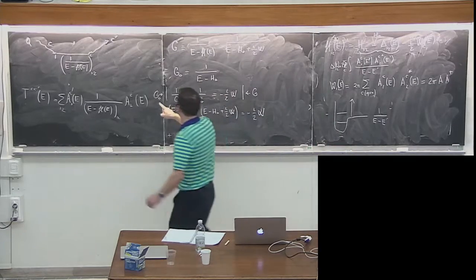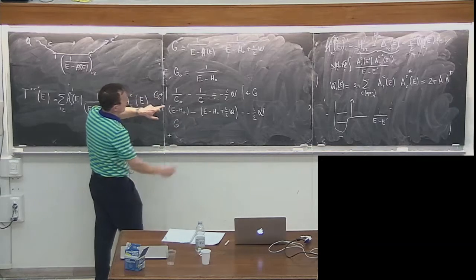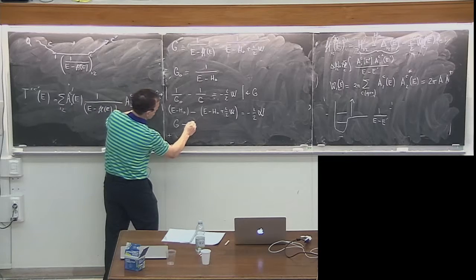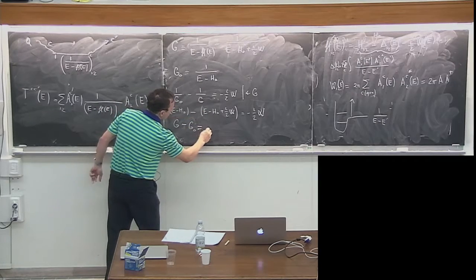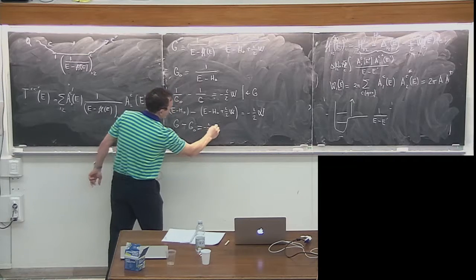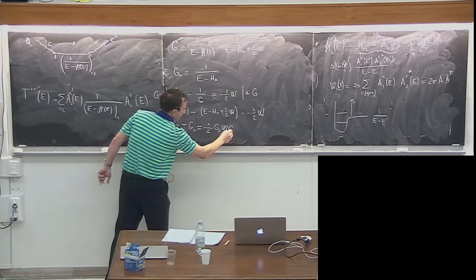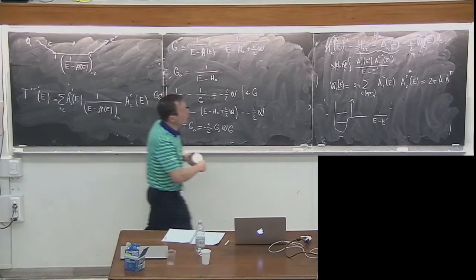So this term will just give me G. This term will cancel, so it will give G naught. And the last one will equal minus i over 2 G naught W times G. Okay, so I'm sure you've seen this equation before.